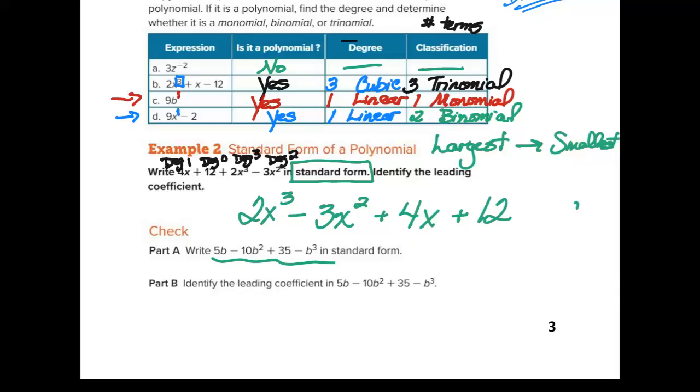Write those terms in standard form. Greatest to least degree.